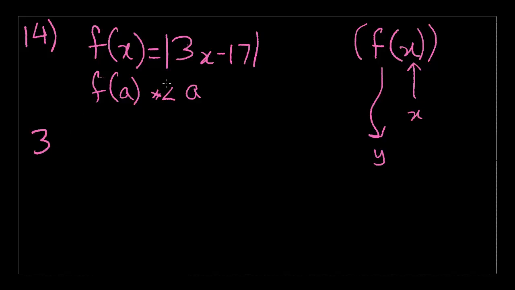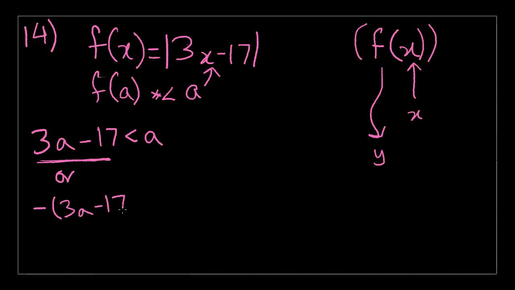So since it's an absolute value problem, we're going to plug in a into x. So 3a minus 17 must be less than a, because this is the equation from which we will get the result, and it must be less than a itself, or because it's an absolute value, negative 3a minus 17 is less than a.